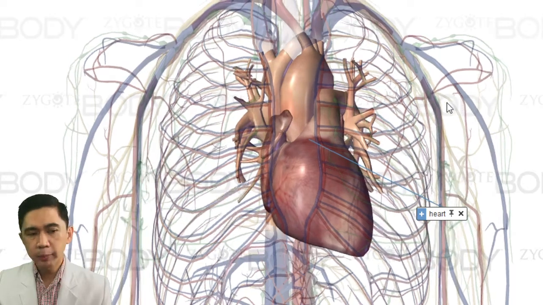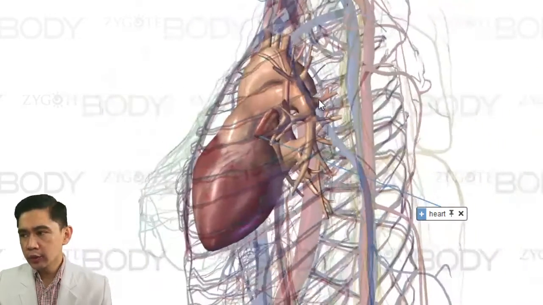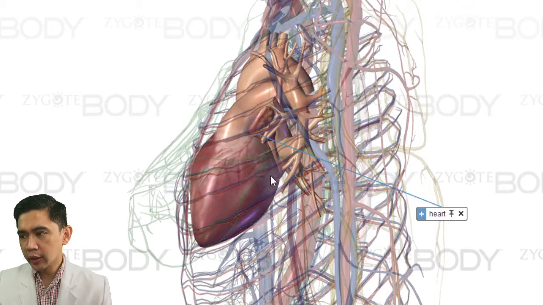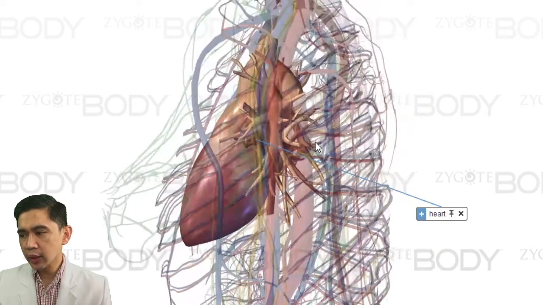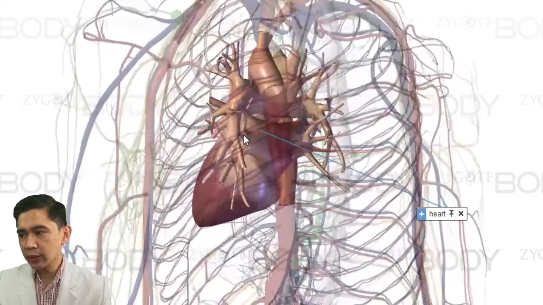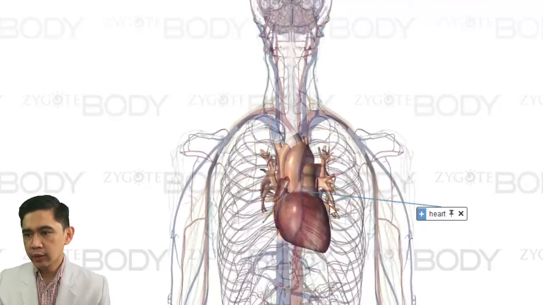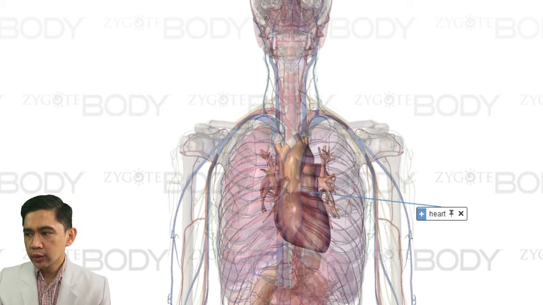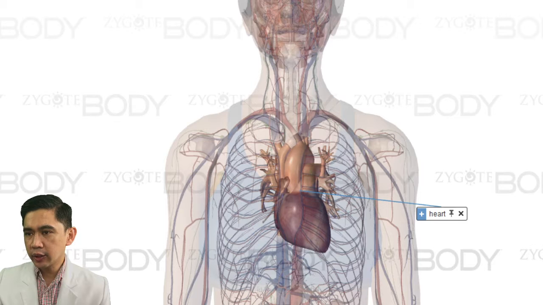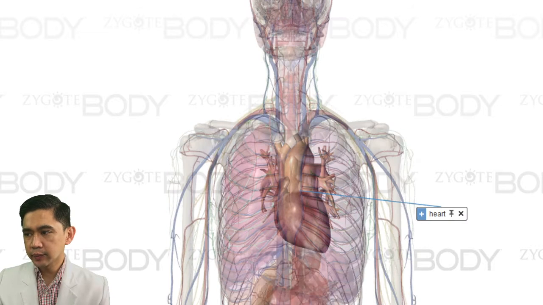When you let the person turn to the right, the left will be visible, and the left structures are more situated at the side as well as in the back. So this is a really good anatomy tool, since you can see everything from the skin down to the heart.